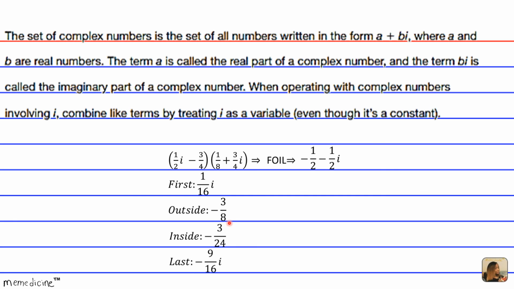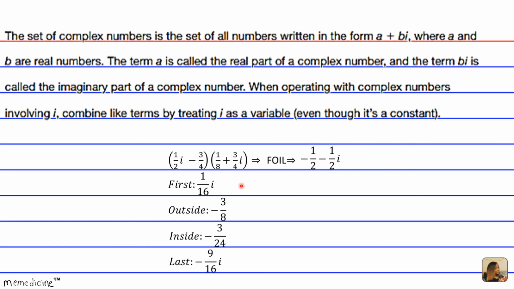So we wind up adding negative 9 plus negative 3 in the numerator to get negative 12, and then we have our common denominator of 24. And negative 12 over 24 is really negative 1/2. So that's why we simplified to negative 1/2.